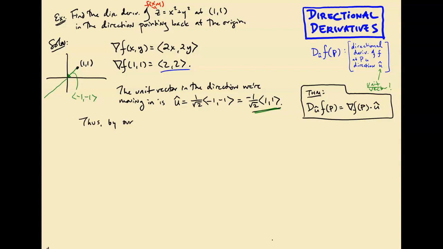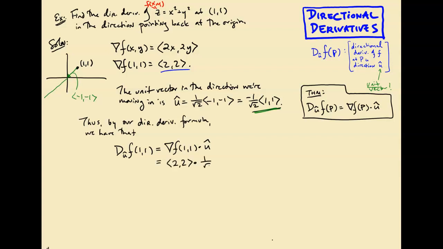Thus, by our directional derivative formula, the directional derivative of f at (1, 1) in the direction of u, which we know is the gradient of f at (1, 1) dotted with that unit vector, is going to be (2, 2) dotted with -1 over root 2 times (1, 1). We can dot those first and then put in the scalar by our properties of dot products.